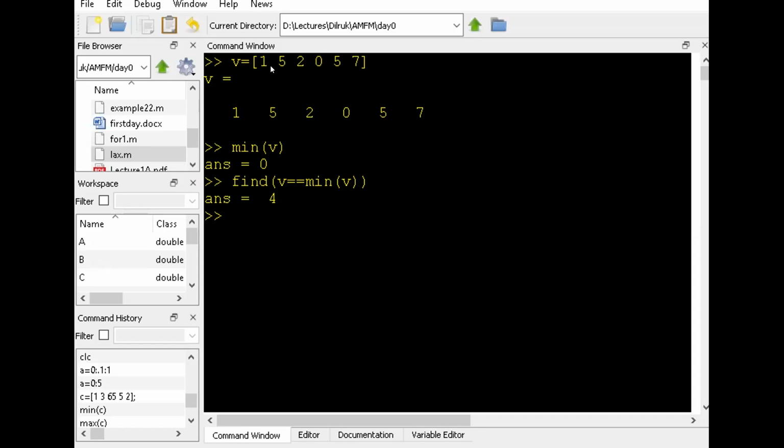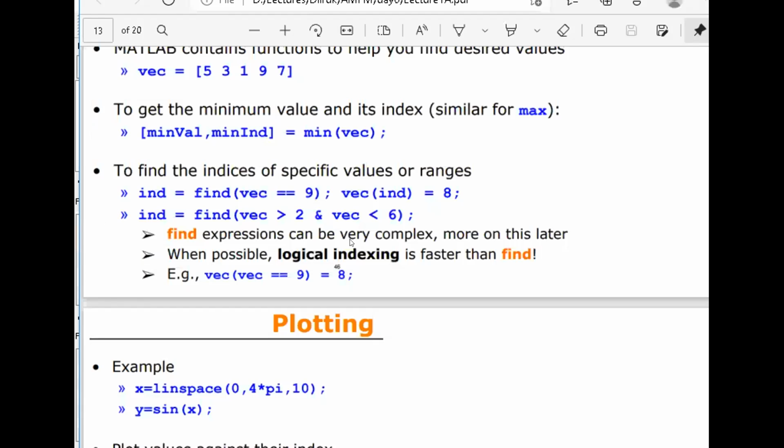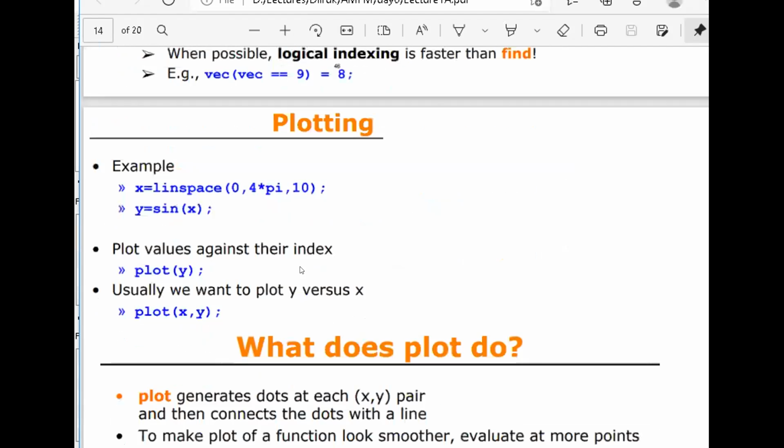All right, the position is 1 2 3 4. So by using the find command, you can spot the position of the minimum element of this vector. All right, that is very useful, right?